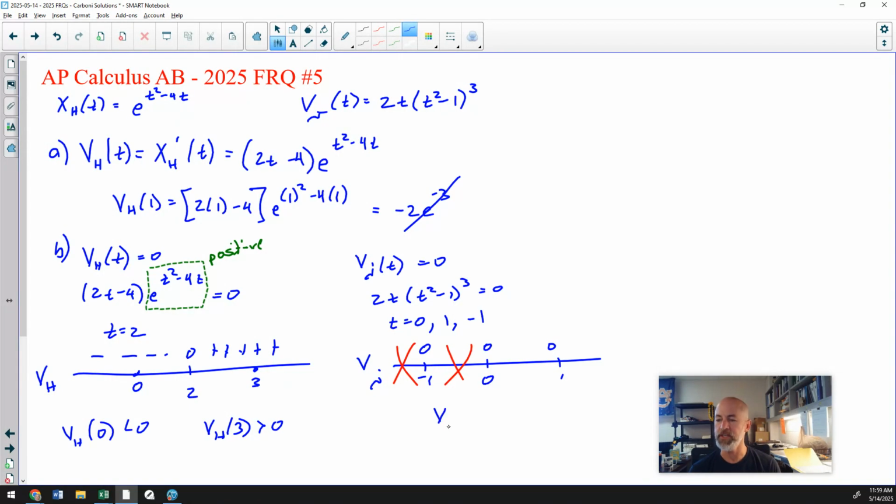So that gives me the velocity of j at time 1/2. That's my test point here. That will be 2 times a half, that's positive. 1/2 squared minus 1 is negative, so that will produce a negative result from 0 to 1 and probably positive after 1. So the velocity of j at time 2 would be positive.